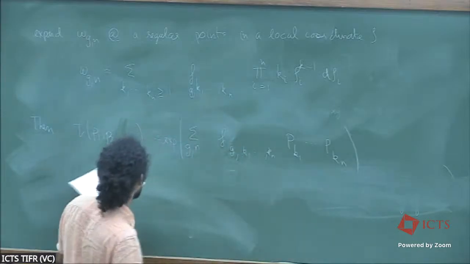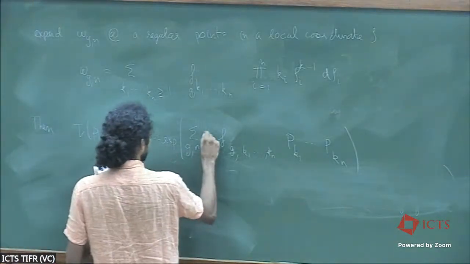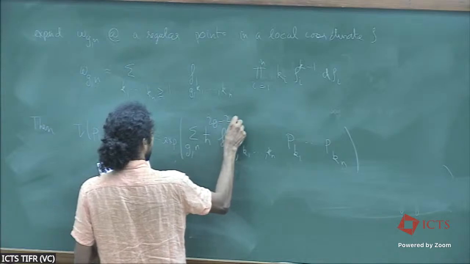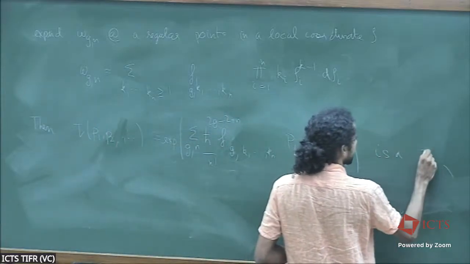So I basically build a generating function, take the exponential, should put h bar. It is a tau function for the KP hierarchy.